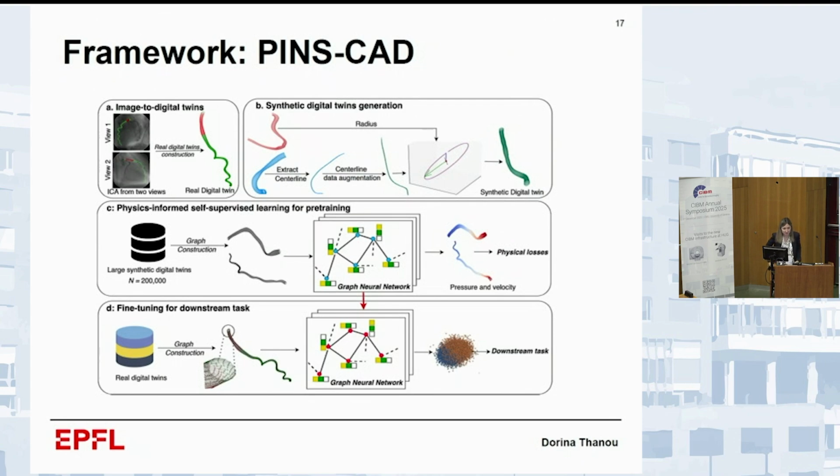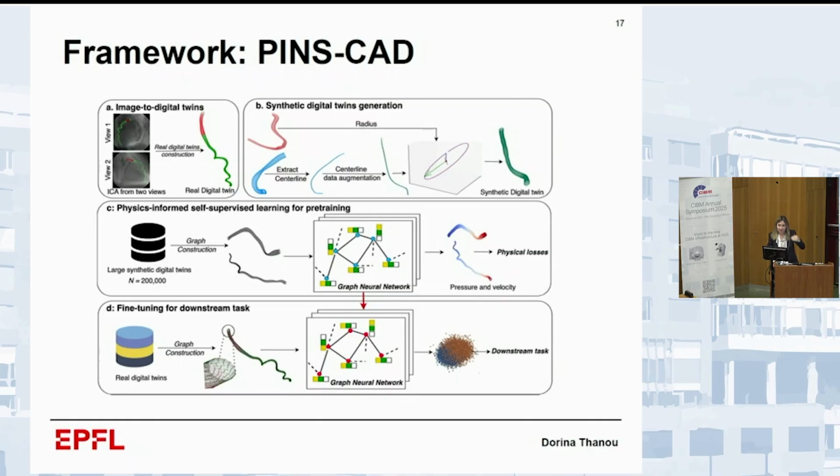And if we go a bit more into the details of that, basically, in order to summarize what we said, we take an image, we compute a digital twin of this image. Then we have another step where from these digital twins, we can generate synthetic digital twins by basically combining digital twins of different patients in a meaningful way for this specific application. And then we can create an artificial large data set in which we can do this sort of physics-informed self-supervised learning in order to pre-train with the physical losses that I mentioned before.